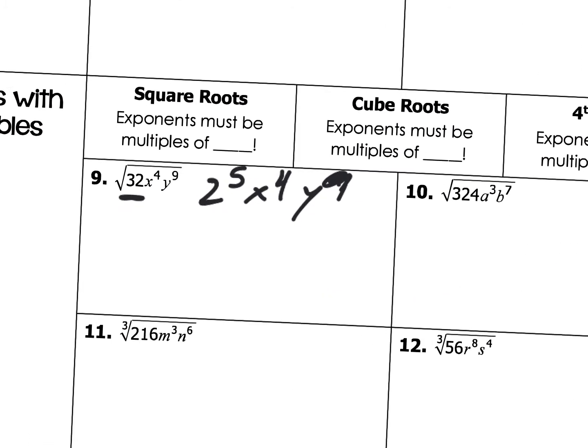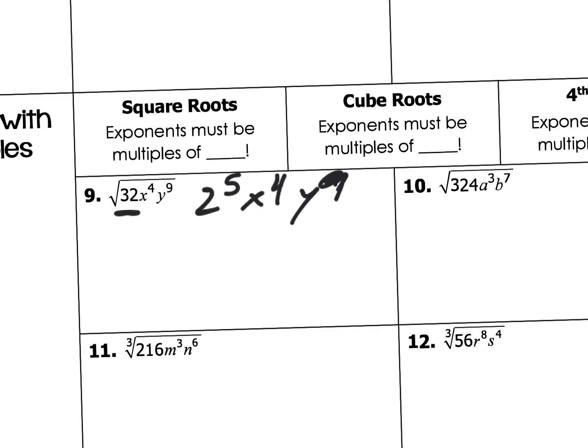So I'll zoom in a little bit so we can write nicely in here. So I've got 5 2's, 4 x's, and 9 y's. Okay, and it can be kind of tedious to write out all 9 of them. And so there are some shortcuts I'll talk about in a minute.